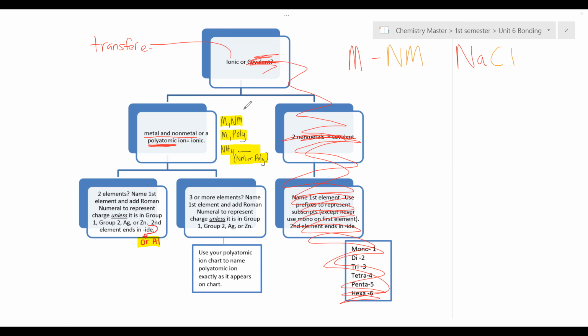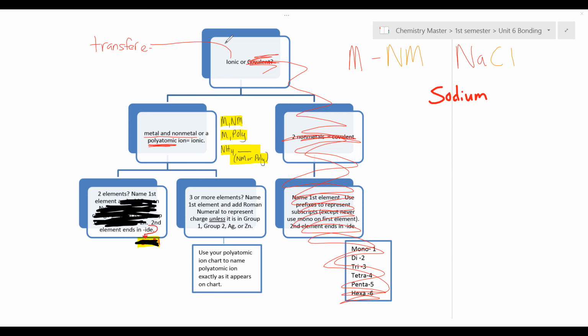Let me just go through this again because I don't want you guys to read this just yet. Name the first element, and then the second element we're going to end in IDE. So Kay said the first element here is sodium, and he is correct. Somebody tell me what the second element is though.